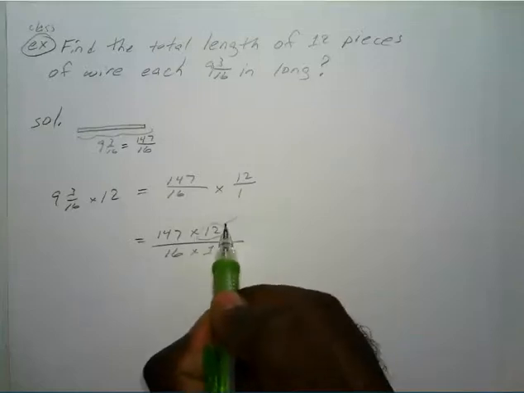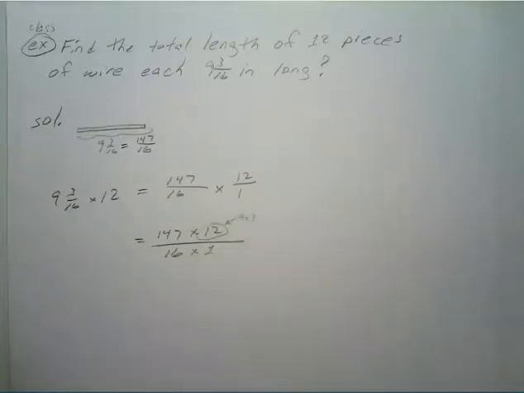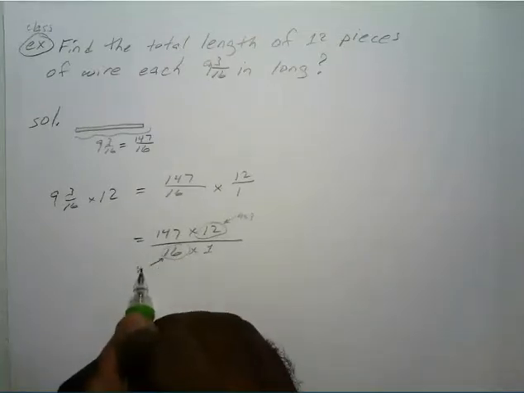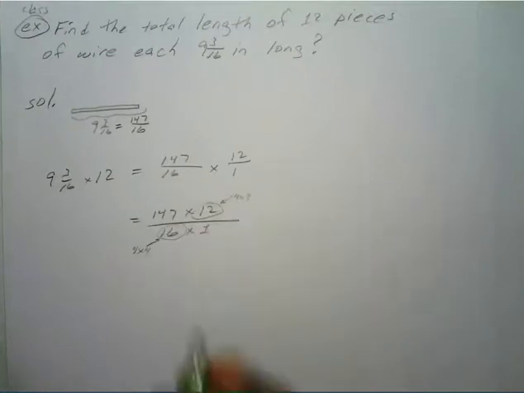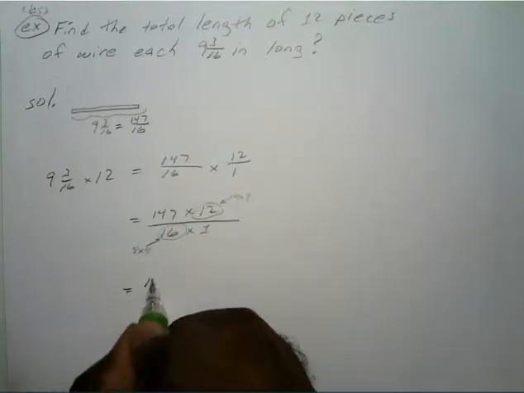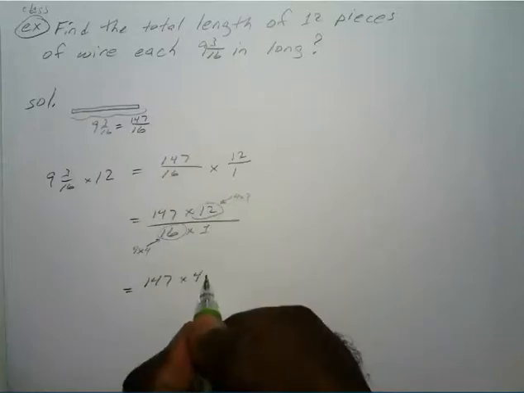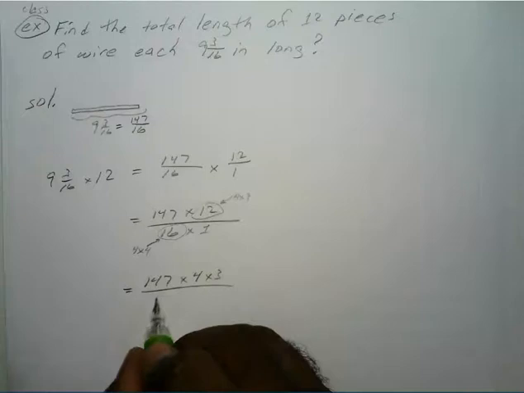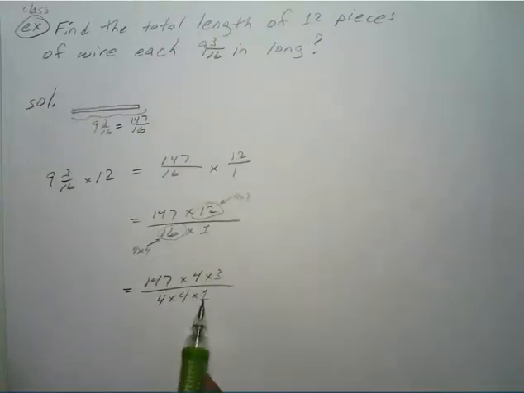Remember that 12 is 4 times 3, and 16 is 4 times 4. So that's going to equal 147 times 4 times 3, over 4 times 4 times 1. The 1 you don't have to put there, but I put it there anyway.